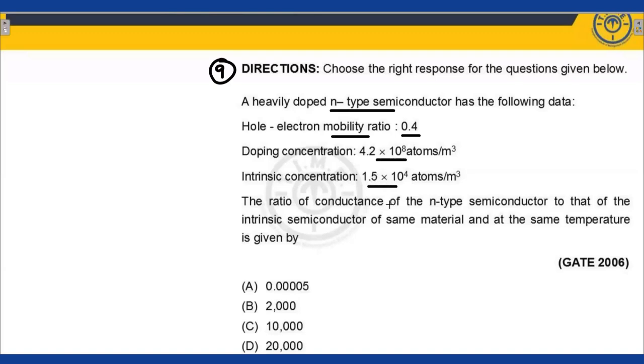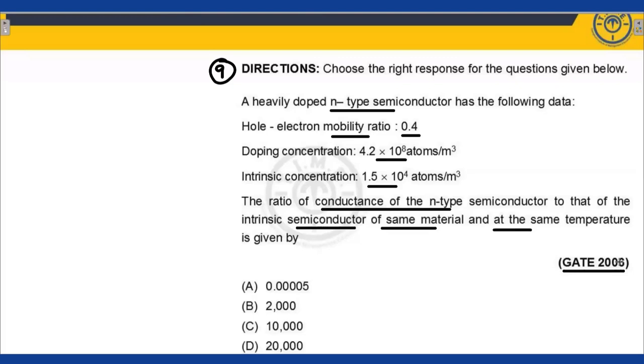The ratio of conductance of n-type semiconductor to that of intrinsic semiconductor of the same material at the same temperature is given by. This is a GATE 2006 question, my dear students, which has been asked over here.